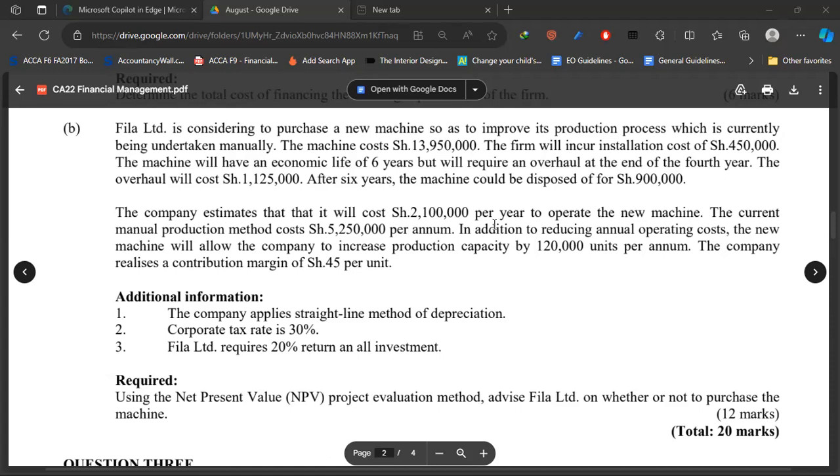When you get the difference between the disposal value of the old machine and the NPV, if it is positive, it means you are going to be adding. When you get it negative, you just subtract. I remember we discussed that, so we should not forget about it.